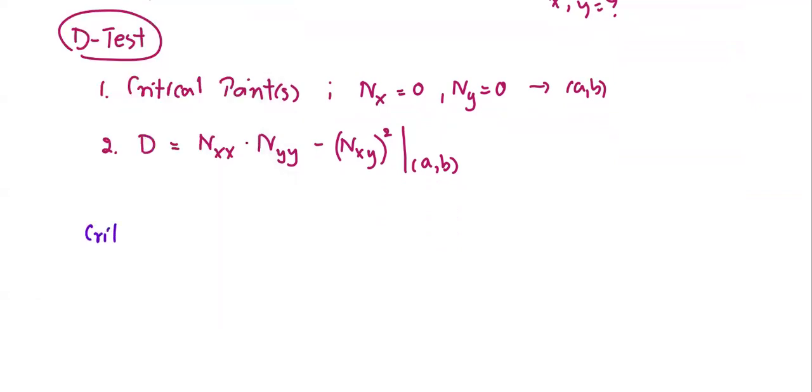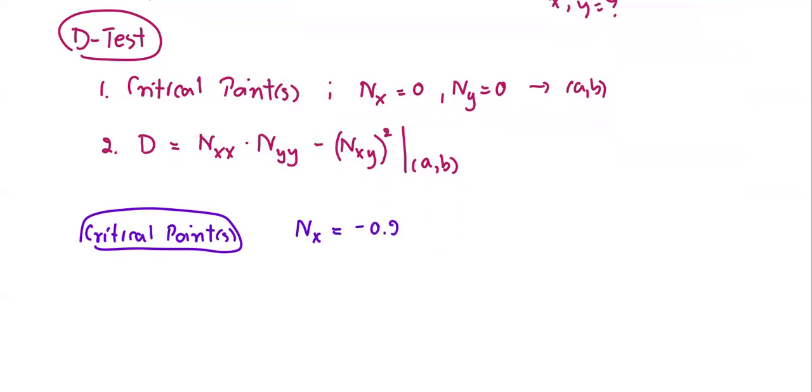To find the critical point, from the function, we find the partial derivative with respect to x. We'll get -0.2x + 3. The first partial derivative with respect to y, we will get -1y + 4.